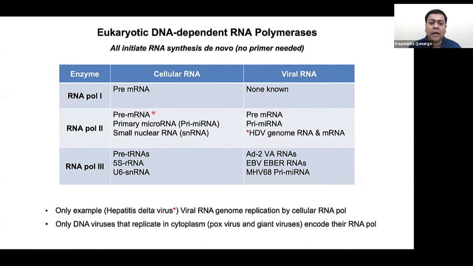This pre-mRNA has to be processed to a mature mRNA and exported out of the nucleus, when it will become ribosome ready. This is also used by many viruses to make the pre-mRNA for the viruses as well, which will be processed to ribosome-ready mature mRNAs.